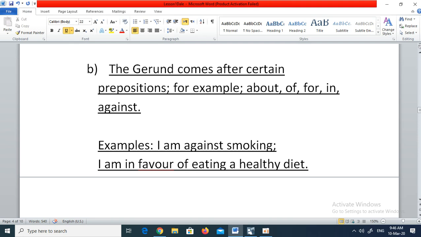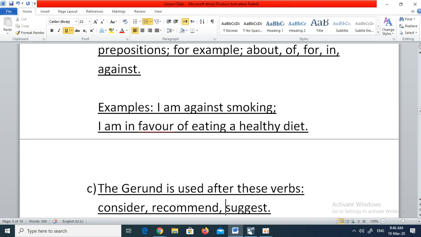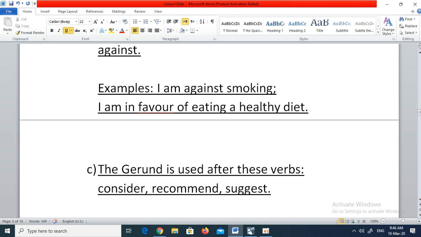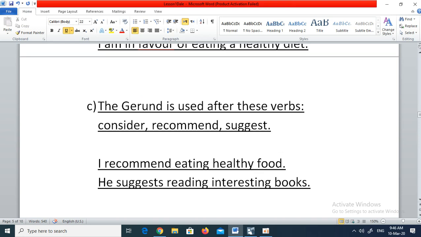So where you have the gerund used with a preposition, the preposition will come before the gerund. Against, the preposition comes before the gerund smoking. Of, the preposition comes before the gerund eating.